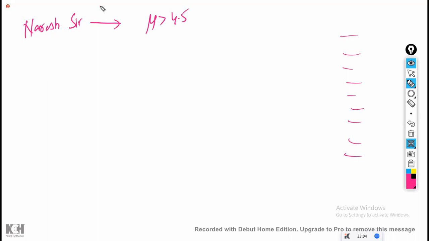If the trainer's average feedback is more than 4.5, then he is going to continue. He is going to apply the hypothesis test. For the hypothesis test, he takes a statement, assuming mu is greater than 4.5, and asks the students to give feedback.